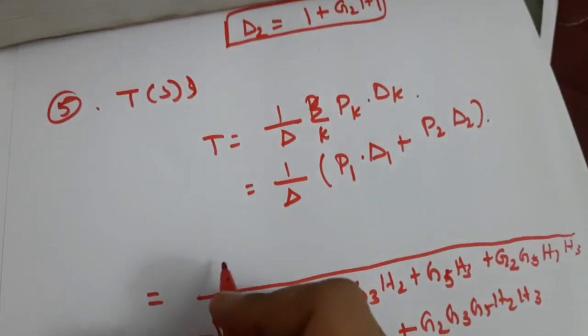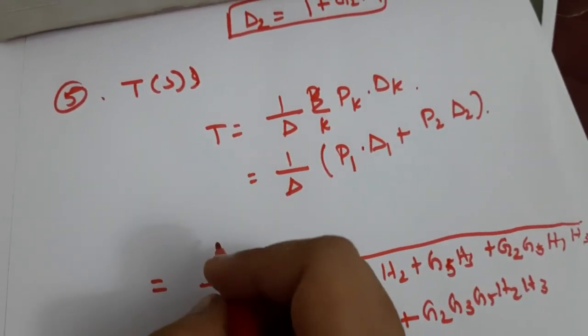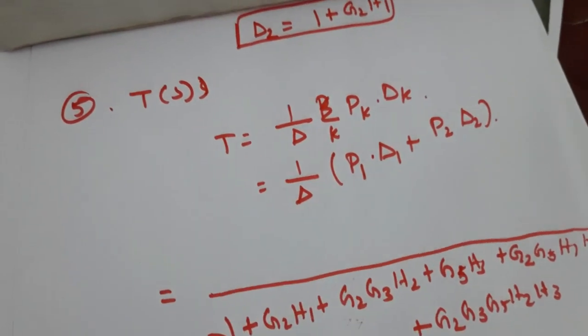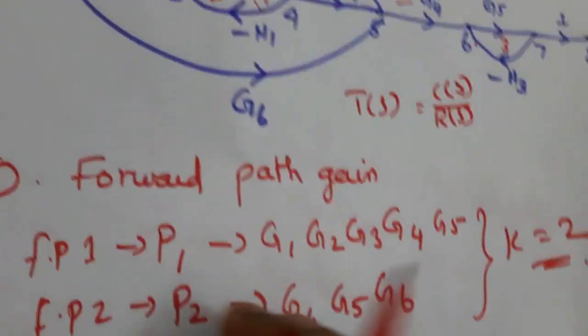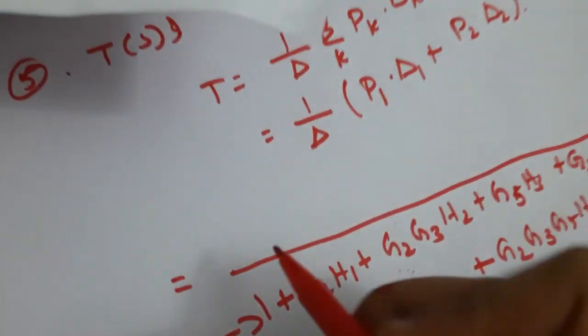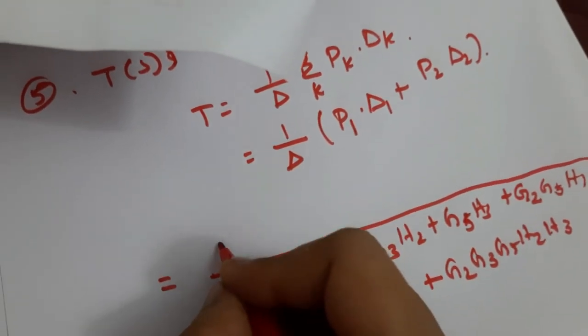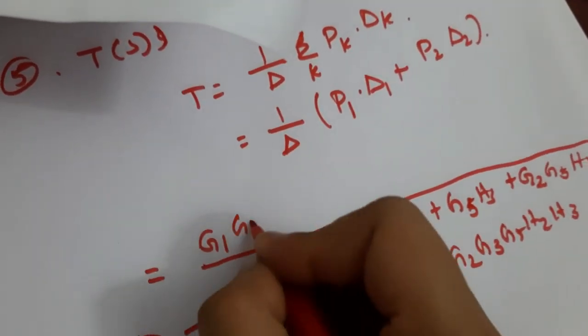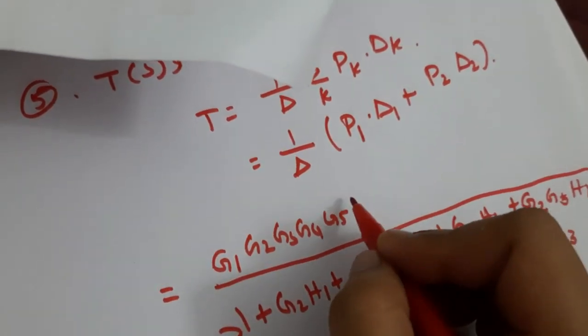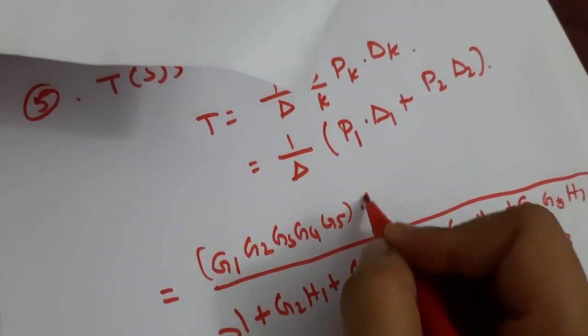And P1, we know, is the forward path gain. So we write this P1 value here, that is nothing but G1 G2 G3 G4 G5, and the del 1 value is 1, so this is multiplied with 1.